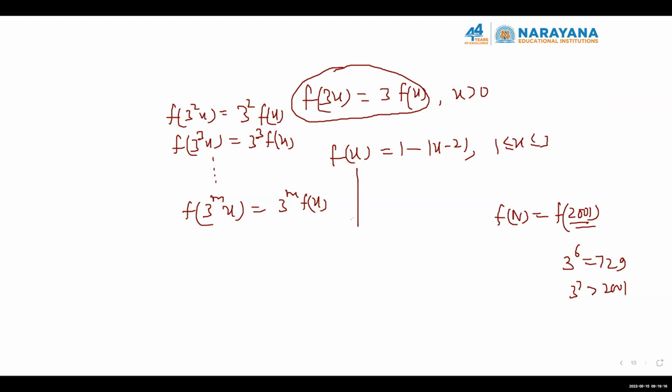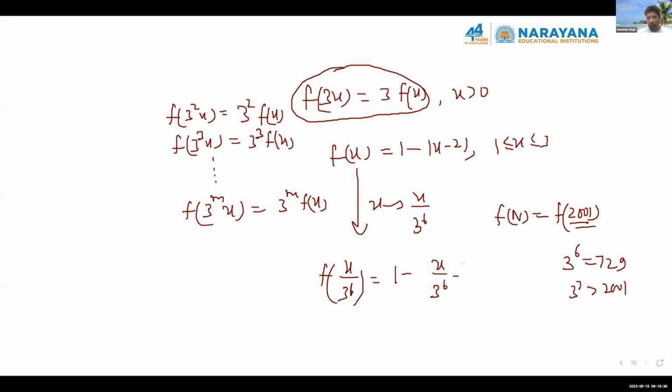So from here, what am I going to do in this relation? I keep on replacing x by x upon 3 power 6. Why am I doing so? So that I get that value. So this is 1 minus mod of x by 3 power 6 minus 2. This is for x by 3 power 6 between 1 and 3.